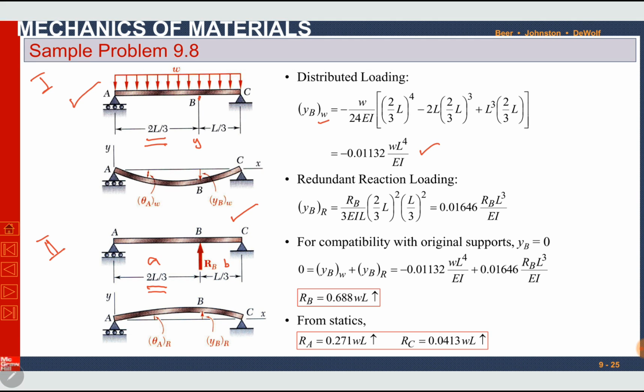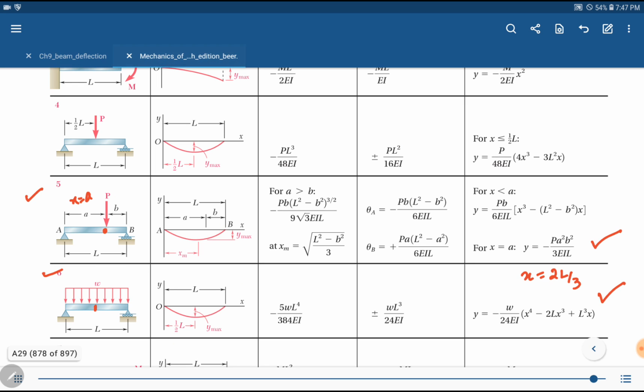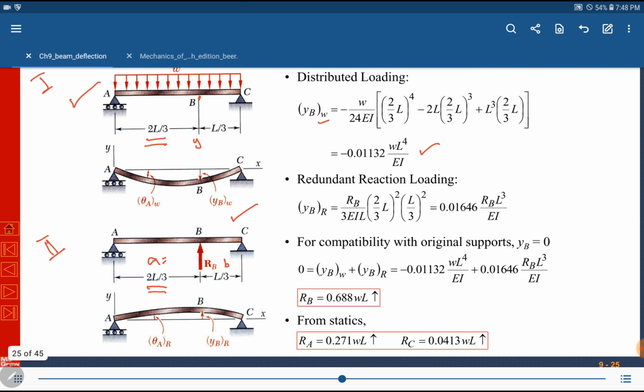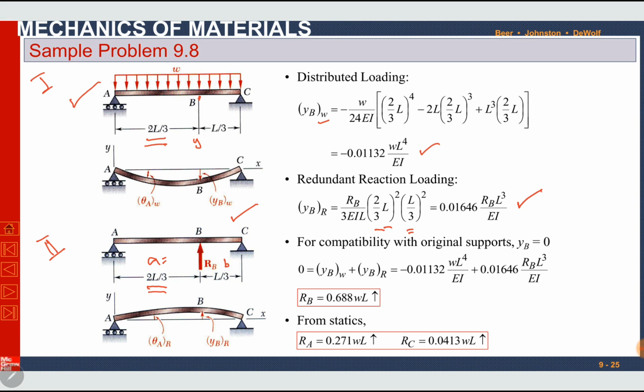So we will put a equal to 2L by 3 and b equal to L by 3 in this expression. We can find yb for our problem. We will find yb under loading RB. So YBR, we are calling it YBR. The first one was YBW, this is YBR.